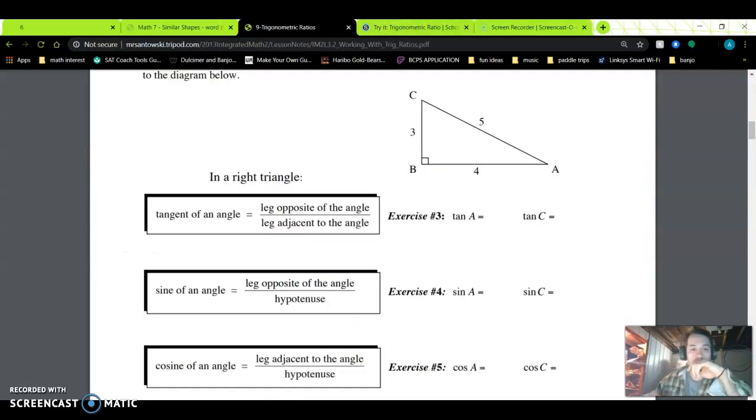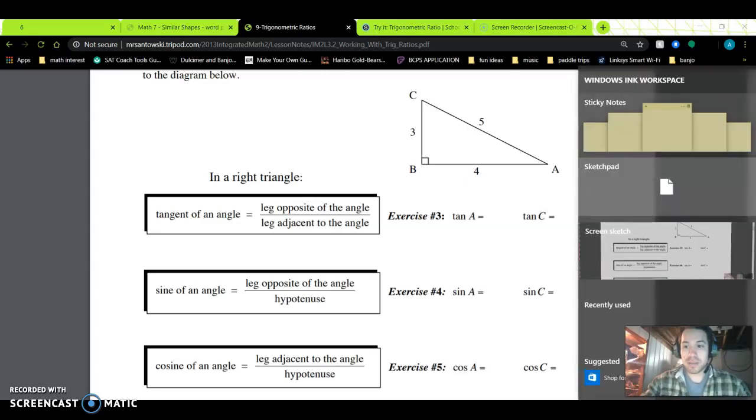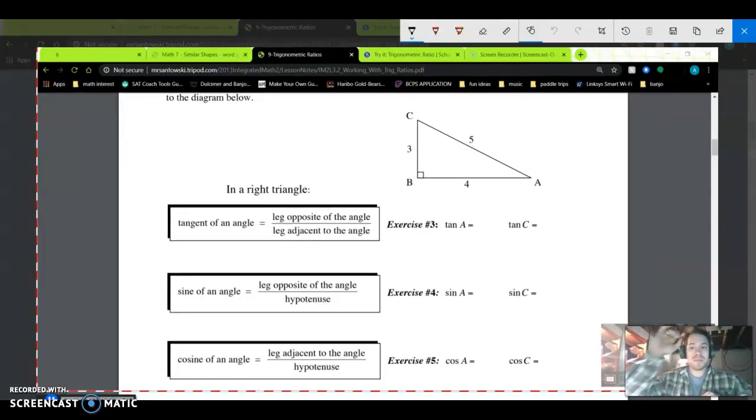So here is our triangle. I'm going to turn on my screen sketch. There we go. For our screen sketch here, we'll be writing some stuff in here. Notice it says in the right triangle, what we're looking at first is called tangent of an angle.